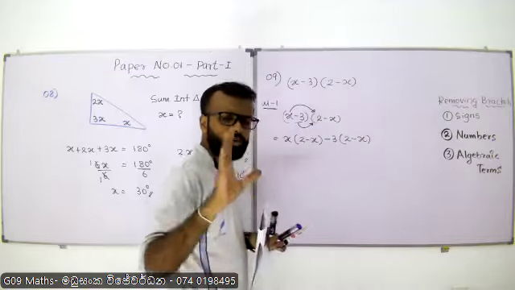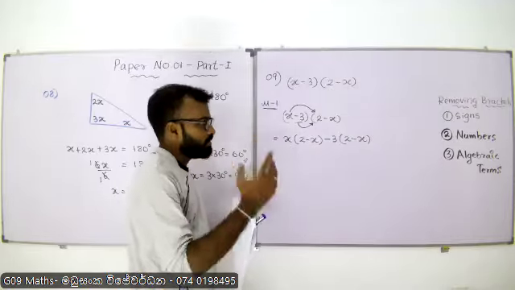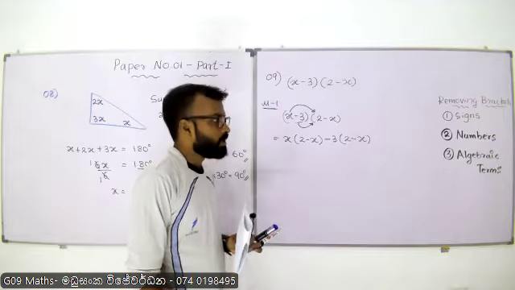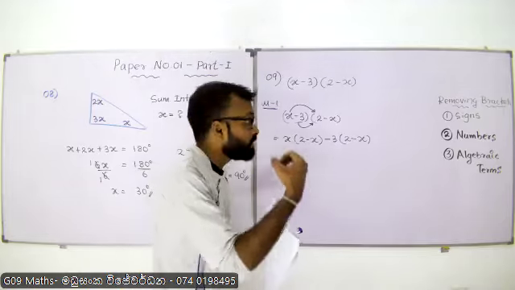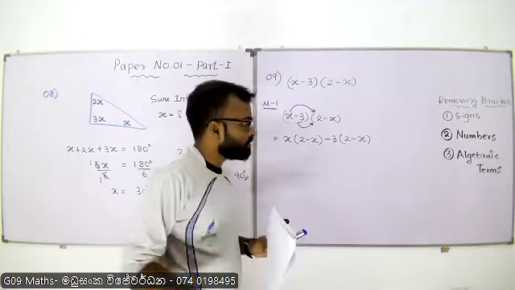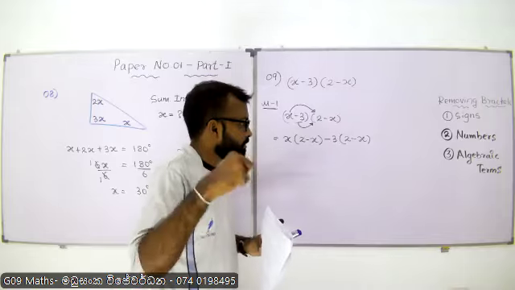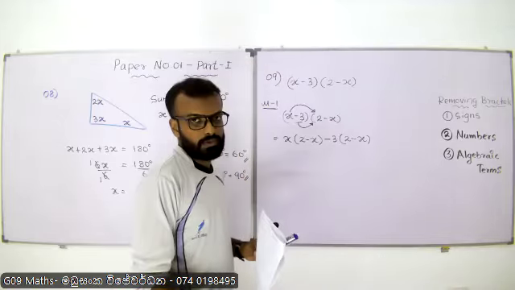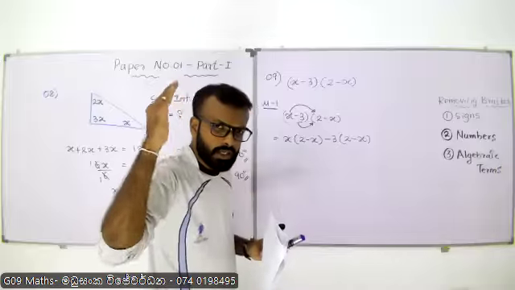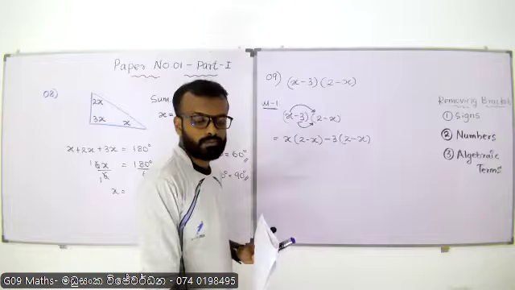So this is the way you need to follow. First simplify the signs, then numbers, then algebraic terms. So you will end up with the correct answer only.